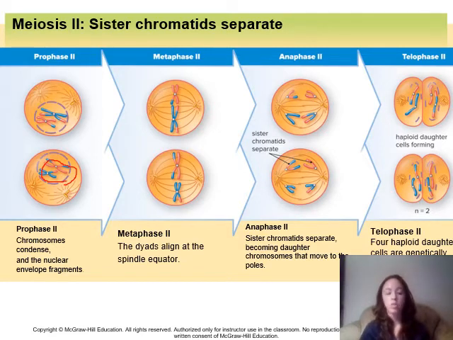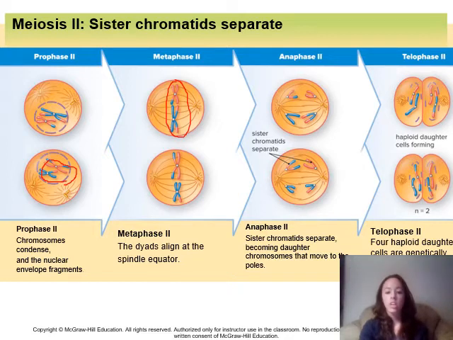Remember that between meiosis 1 and meiosis 2, the DNA has not replicated. So then we go right into metaphase, and this is where the chromosomes will stack on top of each other, instead of lining up right next to each other as in metaphase 1. The spindles now are going to connect to the centromere.